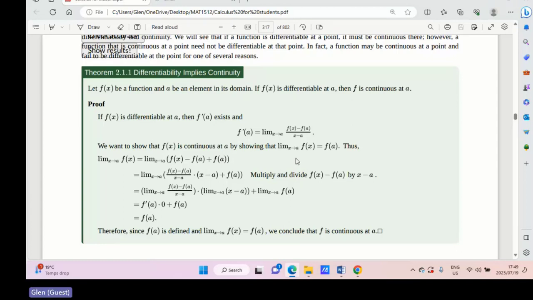Let f of x be a function and a be an element in its domain. If f of x is differentiable at a, then f is continuous at a. Can we all see this theorem?